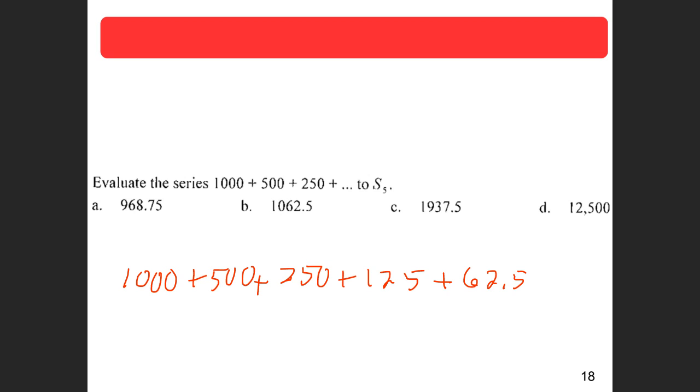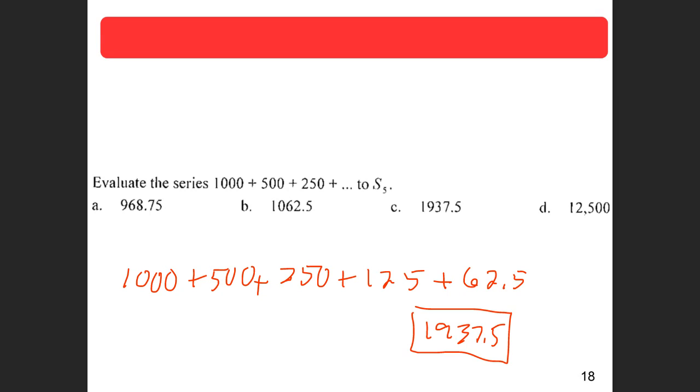Okay. So that's 1, 2, 3, 4, 5 terms. All right. So 1,000 plus 500 plus 250 plus 125 plus 62.5, and I come up with 1,937.5.